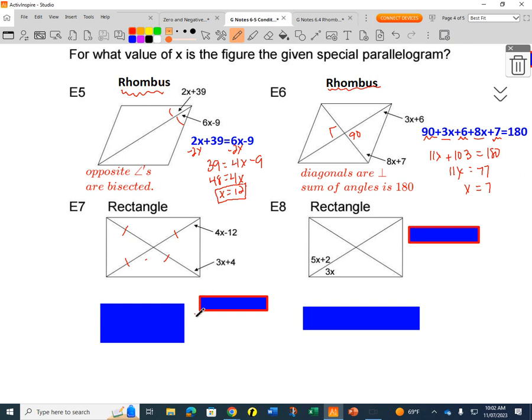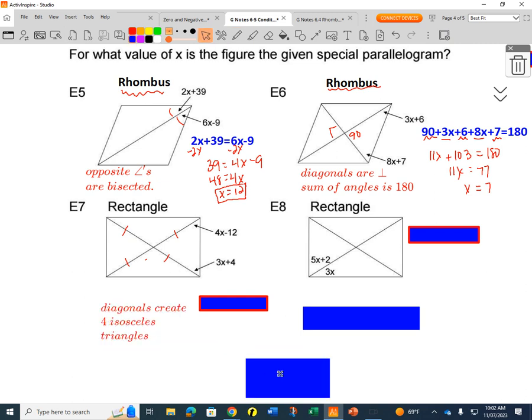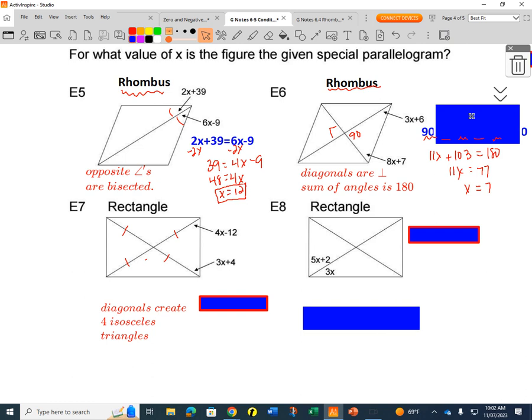That means what we've created with the diagonals of a rectangle are 4 isosceles triangles. So just like in yesterday's homework, we can use the characteristics of an isosceles triangle, which says that these angles are congruent, right?